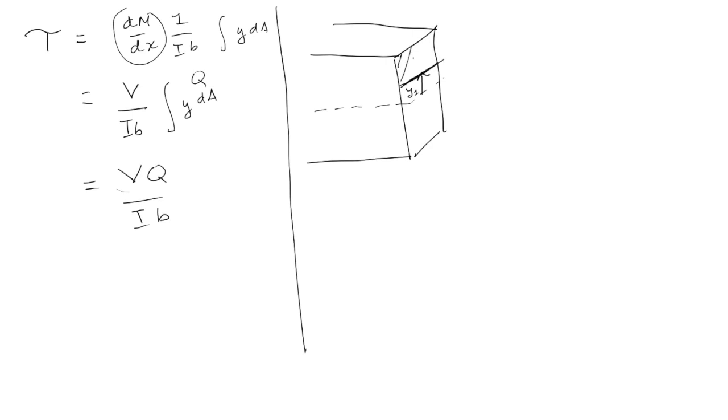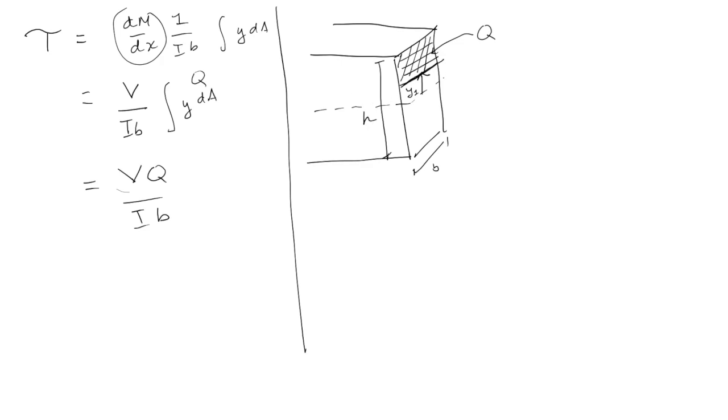So when we measure Q, we want the first moment of area of the cross-sectional area, this hatched region right here, above where we're measuring the cut, or if y1 was negative, below where we're measuring the stress. And this would be b, and this would be h.